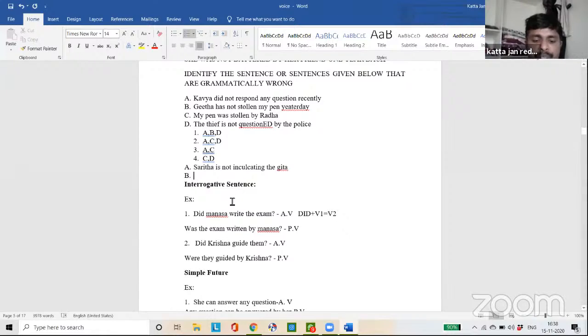Option B: The Gita is not inculcated Sarita, right?